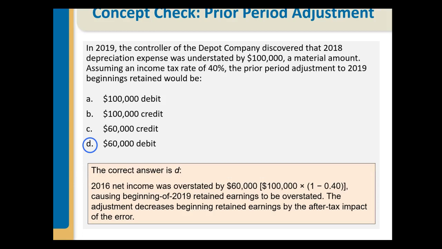Since 2018 net income was overstated by $60,000, which caused the beginning of 2019 retained earnings to be overstated. So the adjustment decreases beginning retained earnings by the after-tax impact of the error.